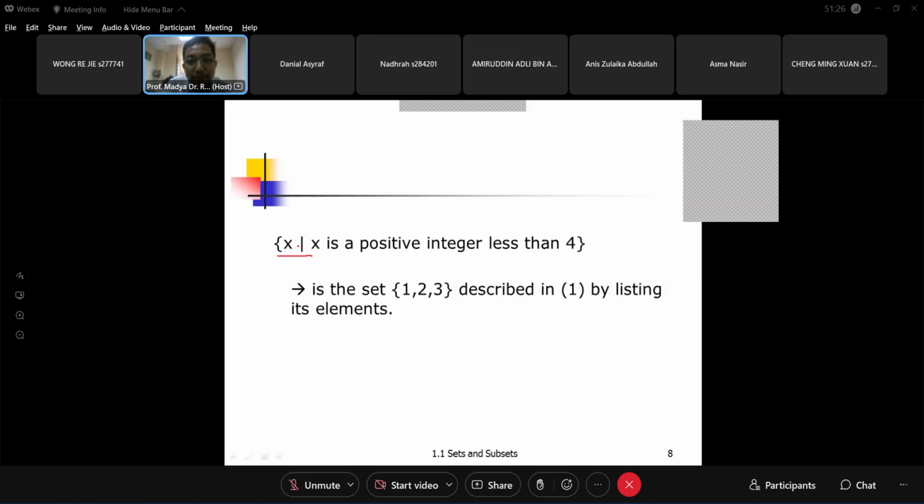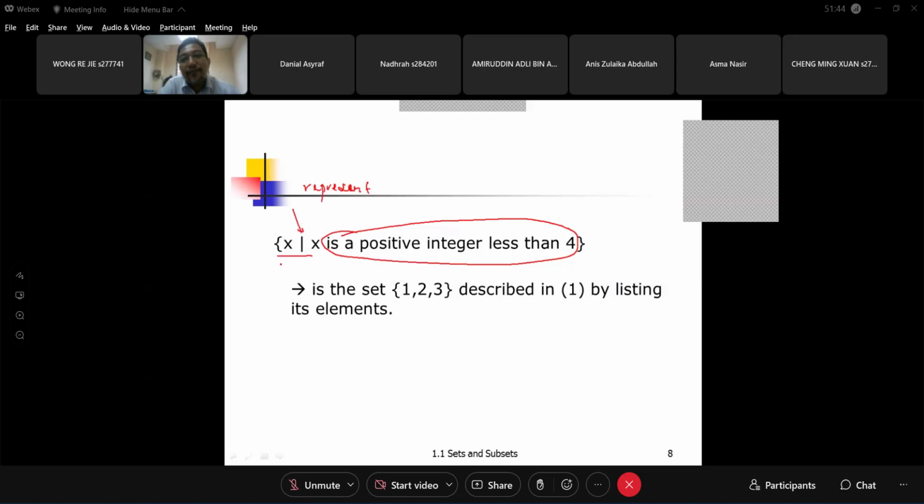It represents the whole thing. In words, it means represent.